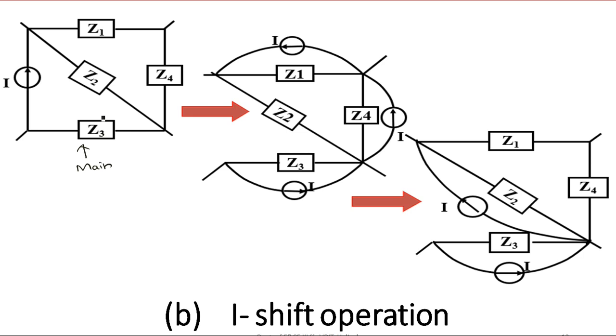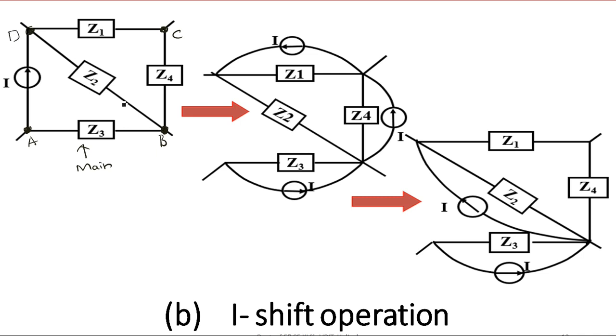First you observe here, what are the characteristics? We have different points here, here, here, as well as here. So let me label them A, B, C, and D.